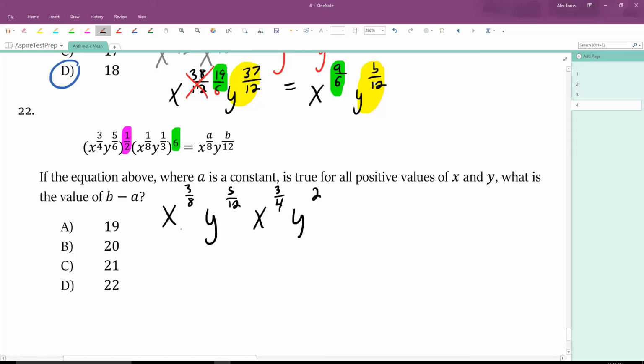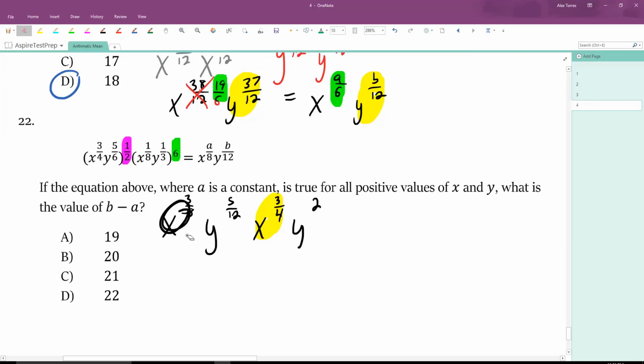So if we look at these two x's, we can see that we've got a denominator of 4 and a denominator of 8. So we can simply multiply this one by 2 over 2 and get the same denominator. That'll give us x to the 3/8 and x to the 6/8. And now we can look at this y right here.